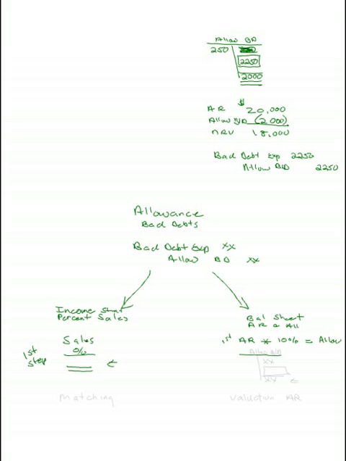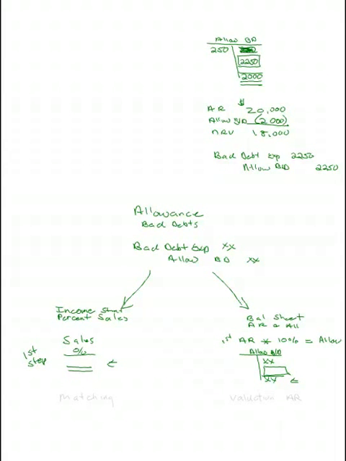In the second step, you say, where is the allowance account at? And where do I want it to be? I know this from my balance sheet, and I know this from my calculation above. I just need to make the entry to make it happen. Debit bad debt expense and credit the allowance account.